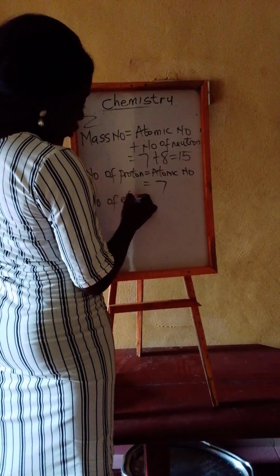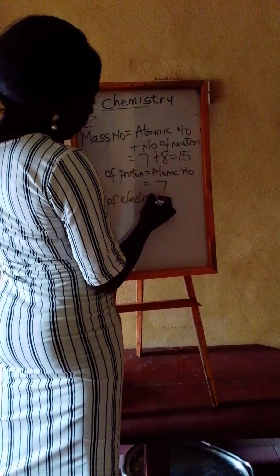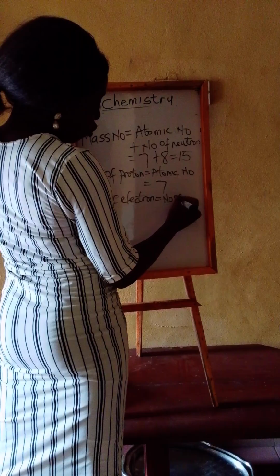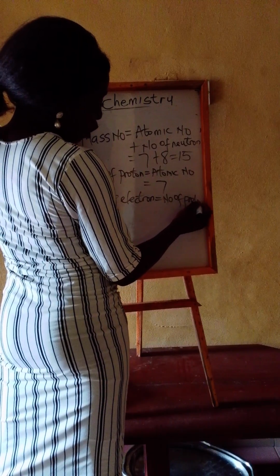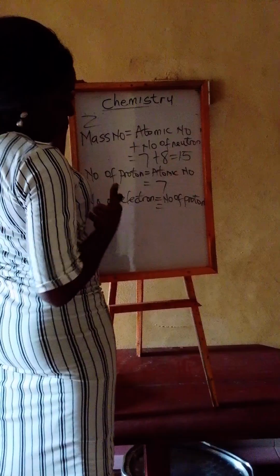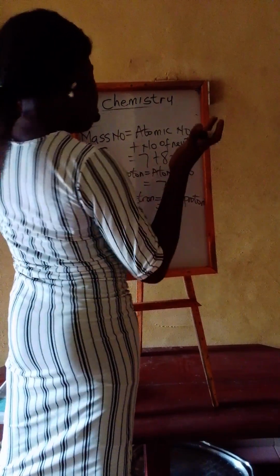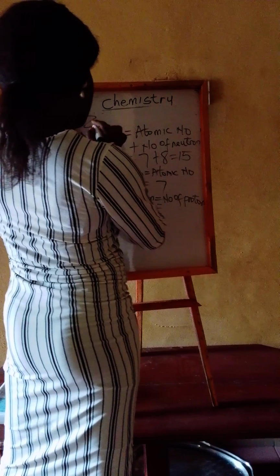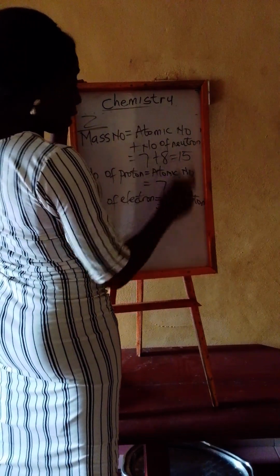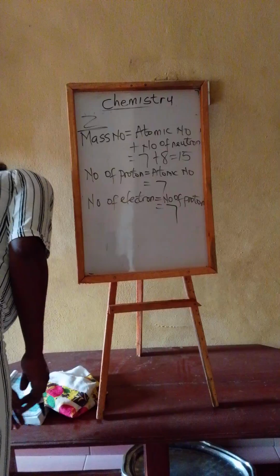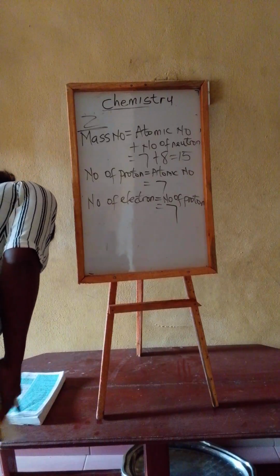The number of electron equals number of proton, because it is an atom, and the answer is 7.